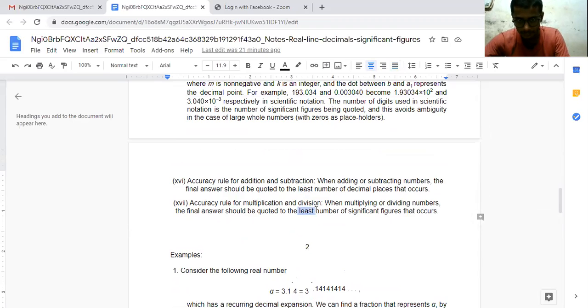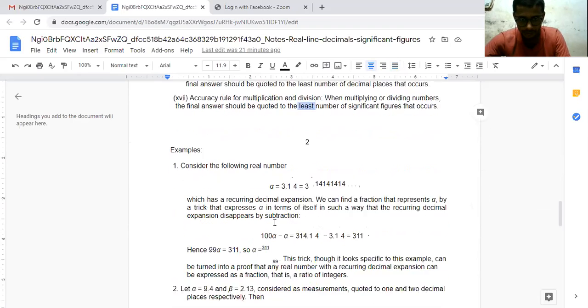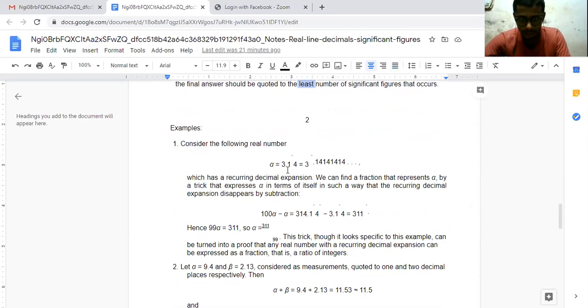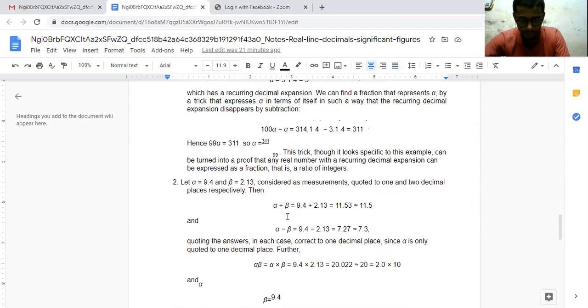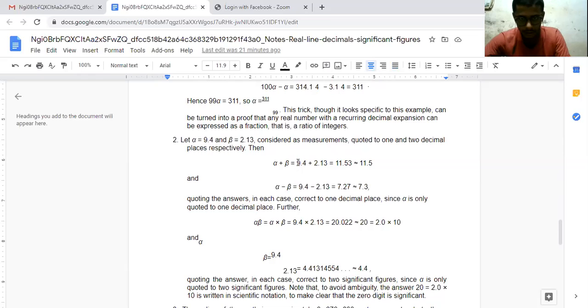You can take an example, 9.4 plus 2.13, which is 11.53, which can be written as 11.5. You can't write 11.53, but most preferably it would be 11.5.